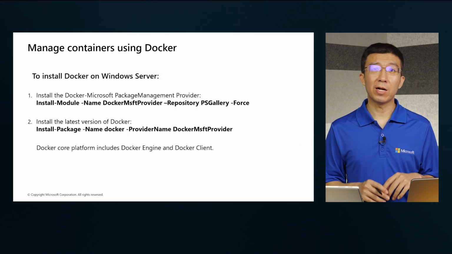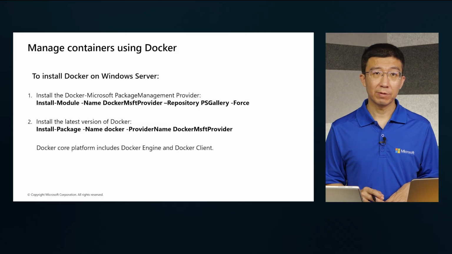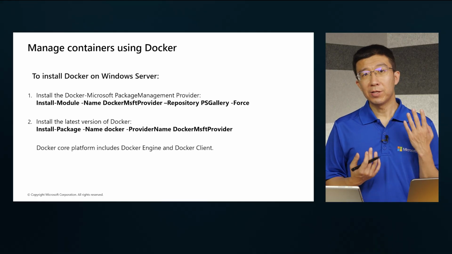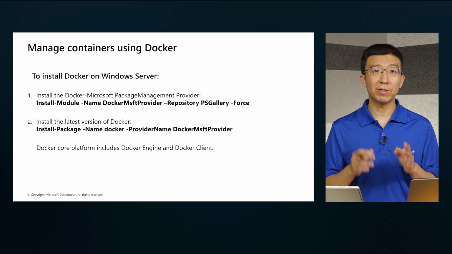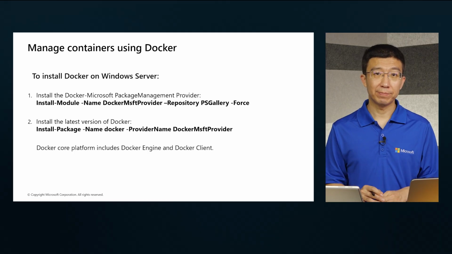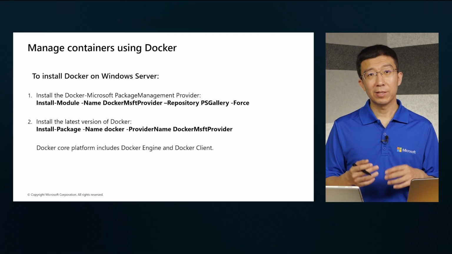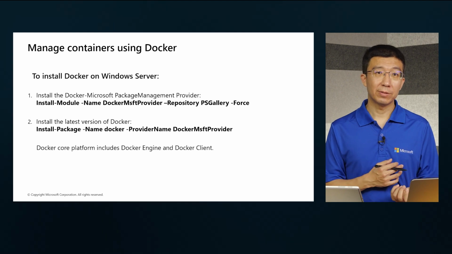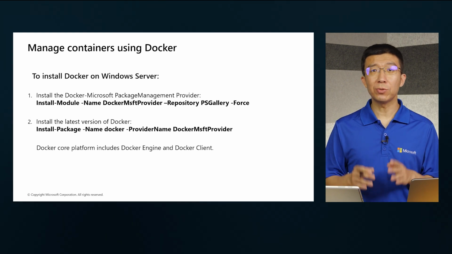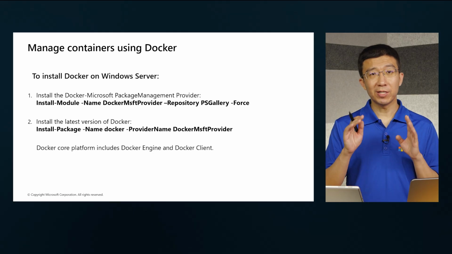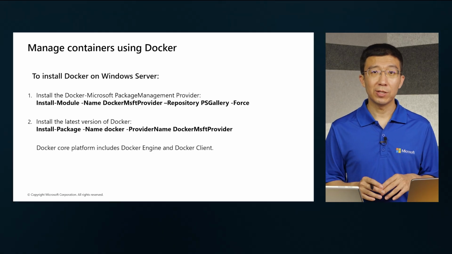To install Docker on Windows Server, first install the Docker Microsoft Package Management Provider. Then install Docker. You may need to restart the server if the containers feature is also installed.